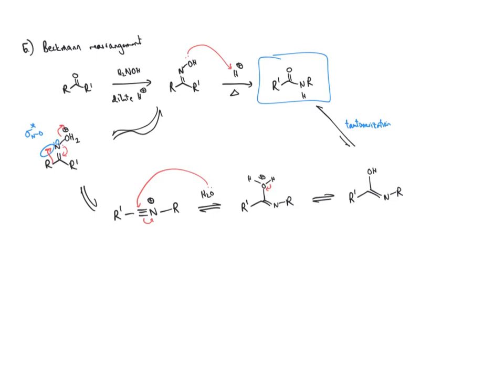All right, let's do the next reaction, known as the Rosenmund reaction. The Rosenmund reaction takes an acid chloride and generates an aldehyde out of it.